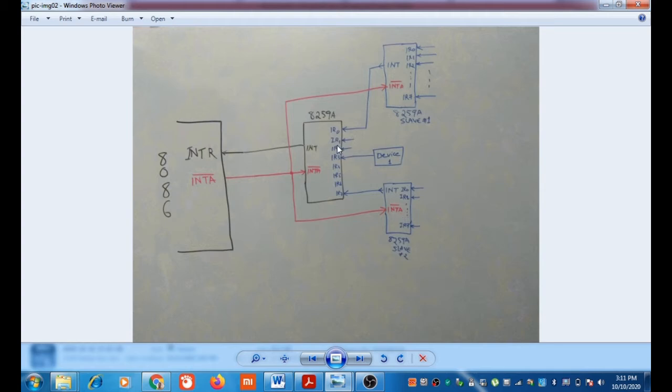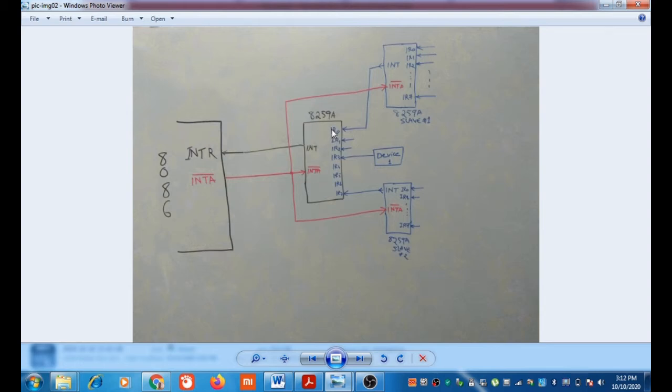See, in the master 3 lines are used. Then you can connect a PIC or a device to any of these remaining IR lines of the master. See, this INTA bar line from 8086 is connected to all the slaves as well as the master.